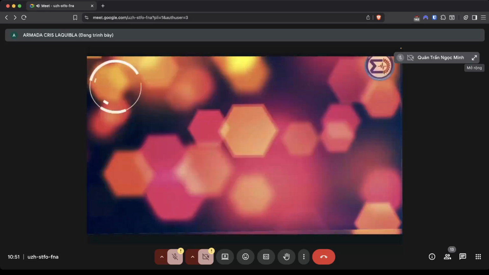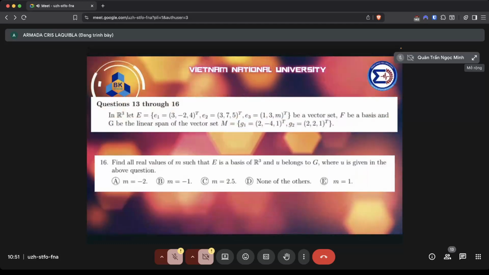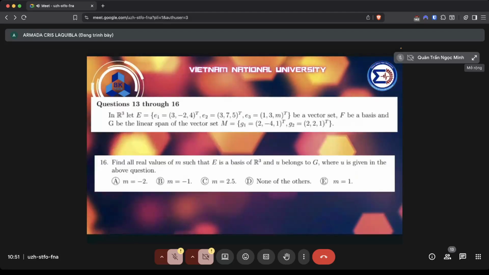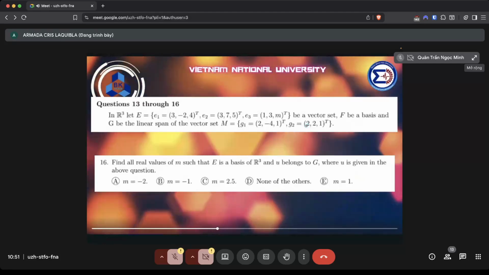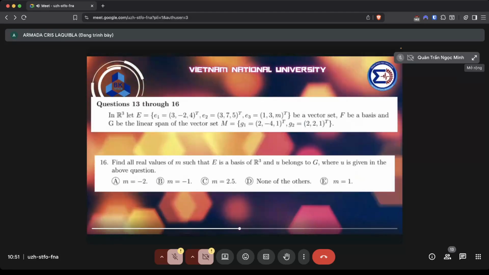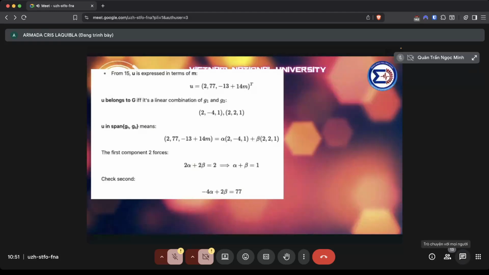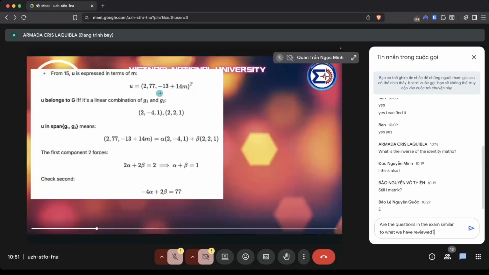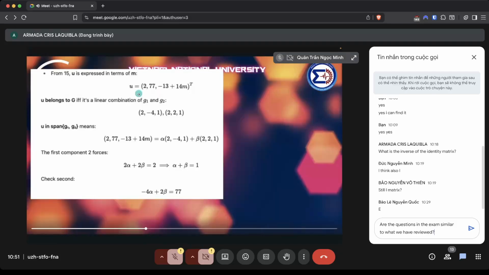So D is the answer for 15. And last number we have 16. Find all the real values of M such that E is a basis of R3 and U belongs to G. G is this, where U is given in the above question. So you have there U. So the U answer in number 15 is very useful.